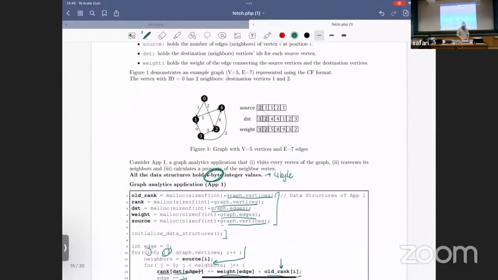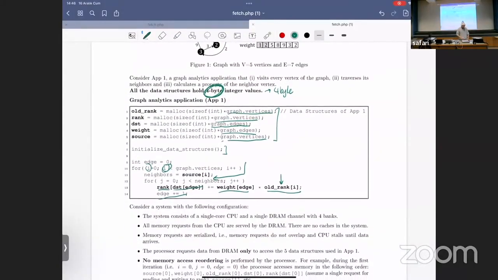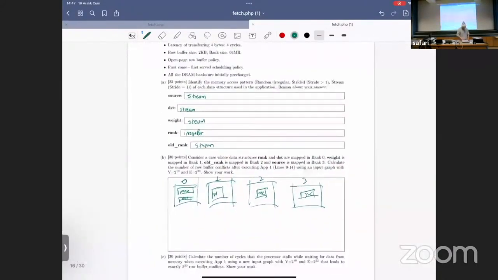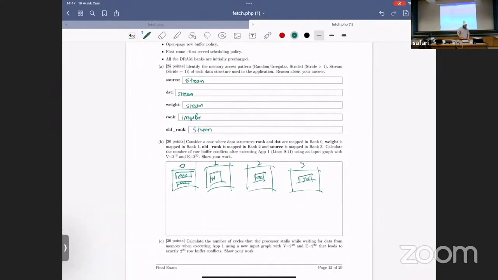And rank is the same as DST, because it's accessed for every neighbor of every vertex, which means 2 to the power of 22 times. So we know for sure that each will be accessed 2 to the power of 22 times.